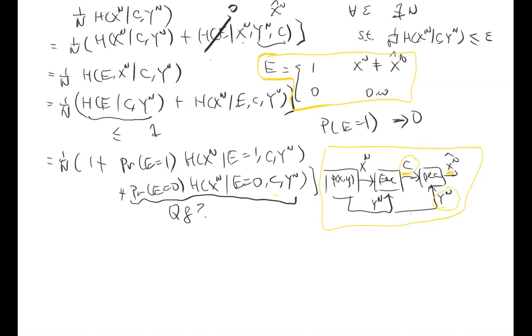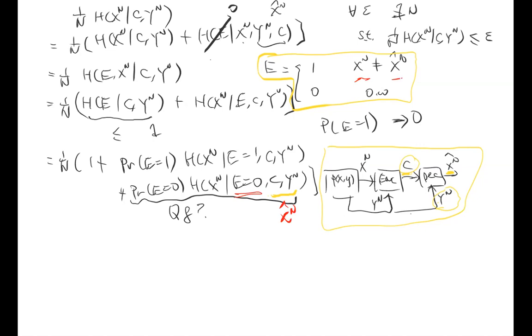Knowing c and yn is the same as knowing xn hat. So when you know xn hat and you also know E equal to 0, E equal to 0 says that xn is equal to xn hat.